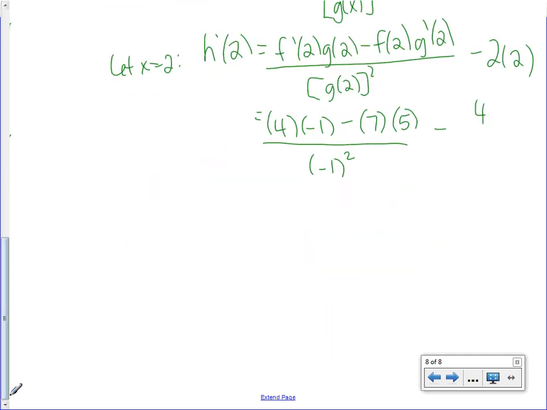So it becomes just a BEDMAS exercise. Negative 4 minus 35 all over 1 minus 4. Negative 39 minus 4 is negative 43.